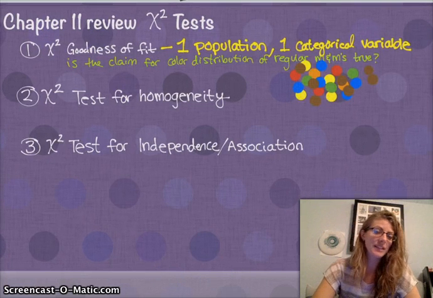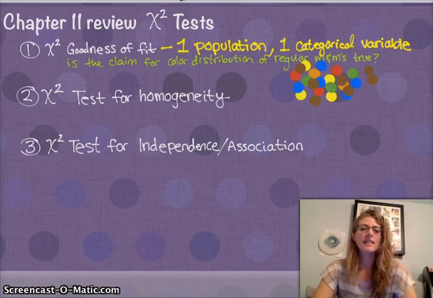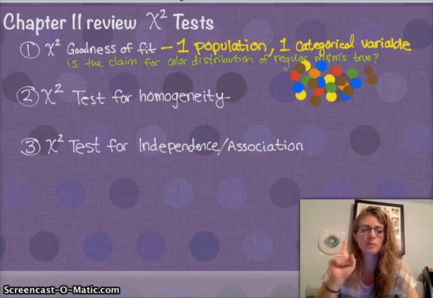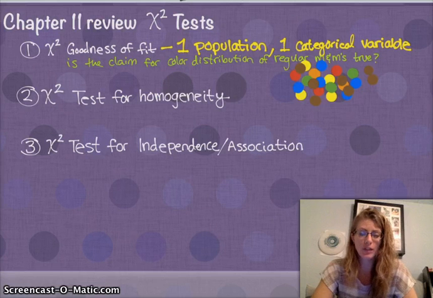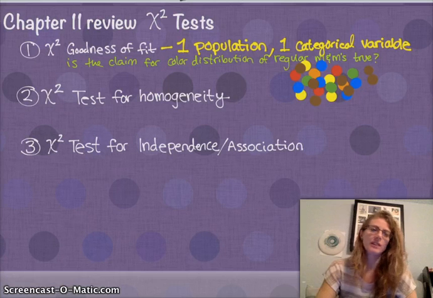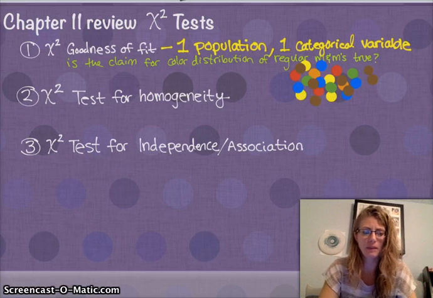The chi-squared test for homogeneity tests 2 separate populations but 1 variable. It tests to see if the 2 populations are the same.